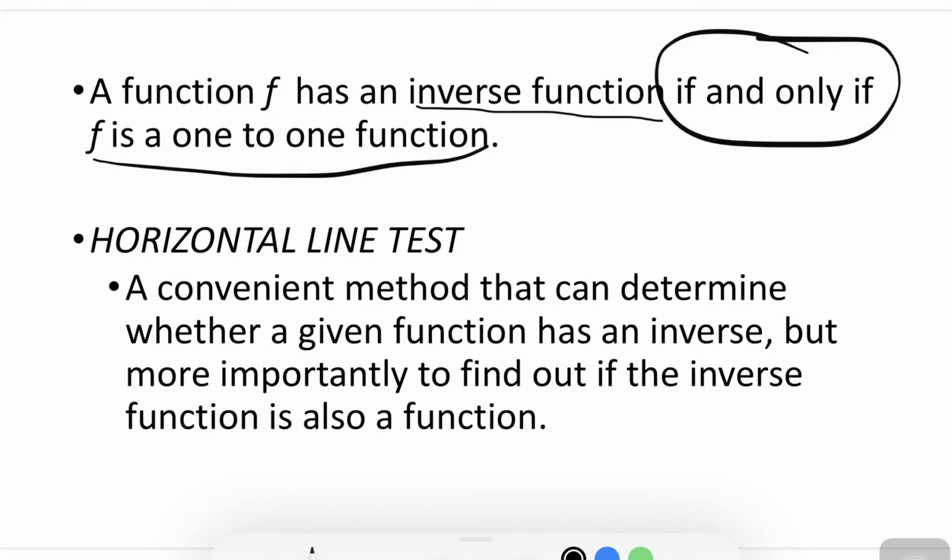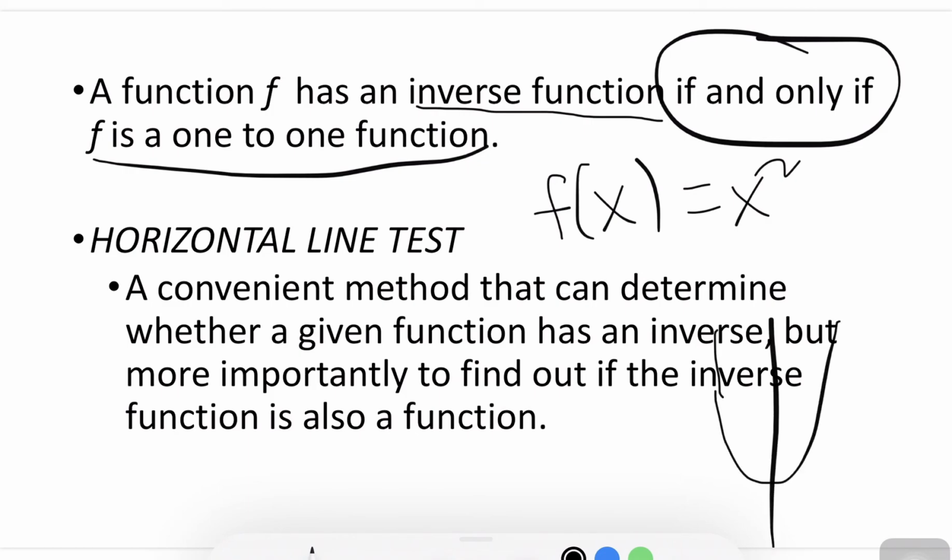So examine f of x equals x squared. What is the graph of f of x equals x squared? You try. So the graph looks like that on the xy plane. If you draw a horizontal line, it hits 2 points.